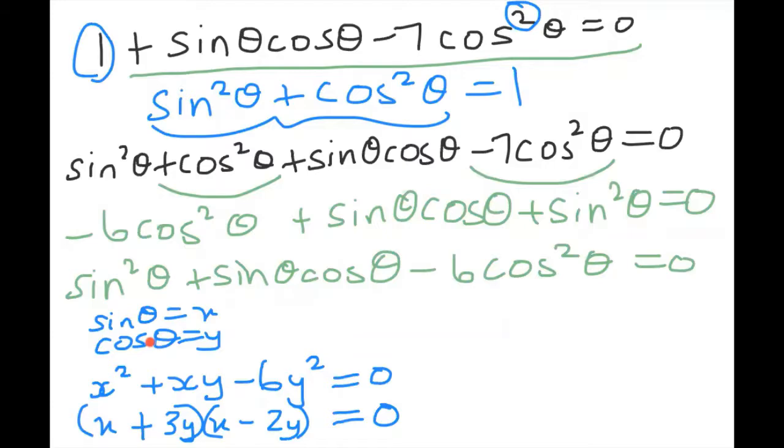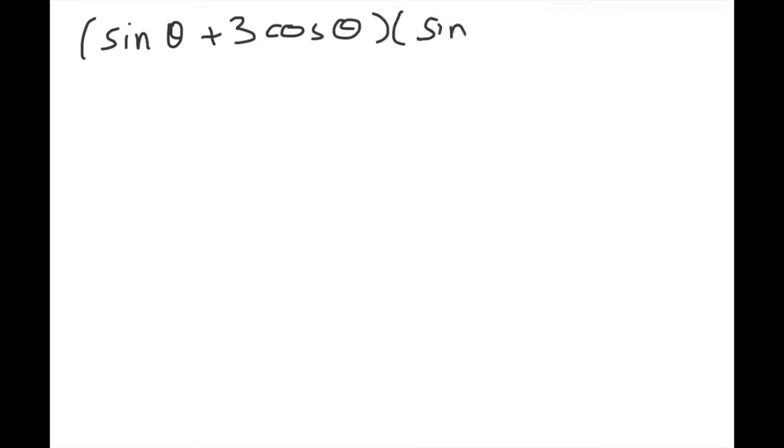So I'm going to get sine theta plus 3 cos theta times sine theta minus 2 cos theta, everything equal to 0.